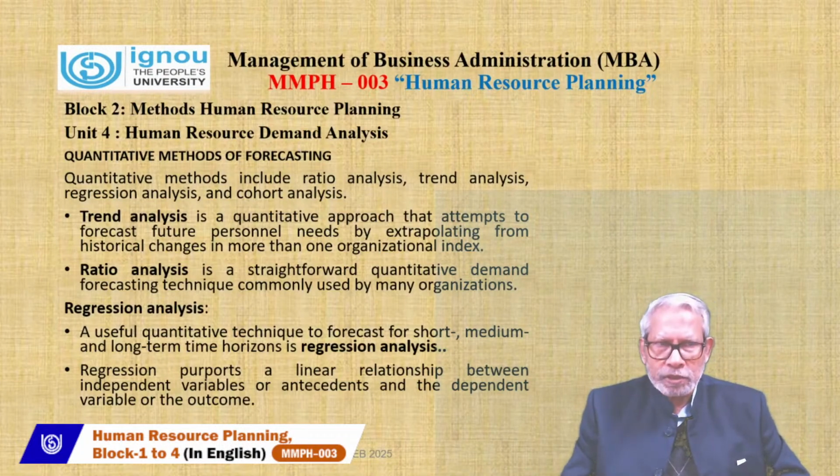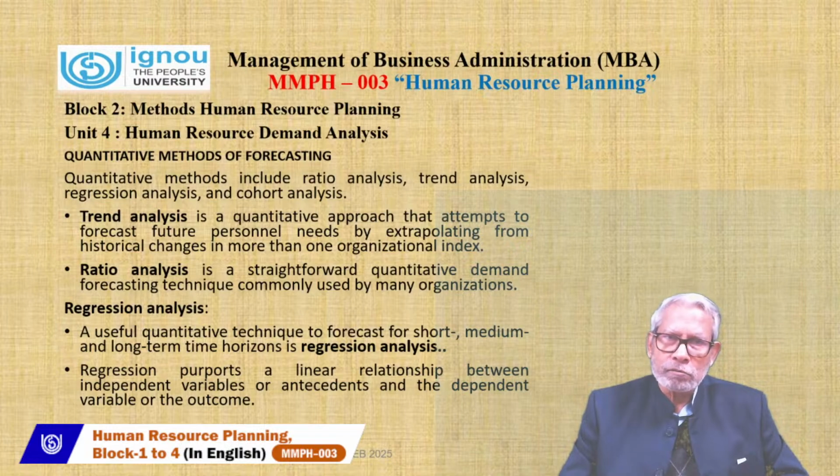There are some methods. Trend analysis is one method. Another is ratio analysis, and then regression analysis. There are 3 analyses there: trend, ratio, and regression. All are very useful tools. Through this method, you can quantify the things.